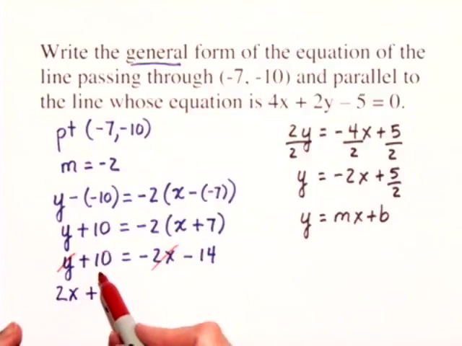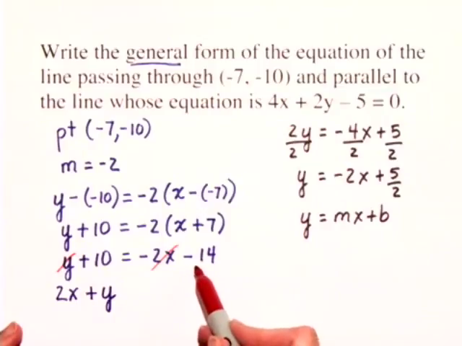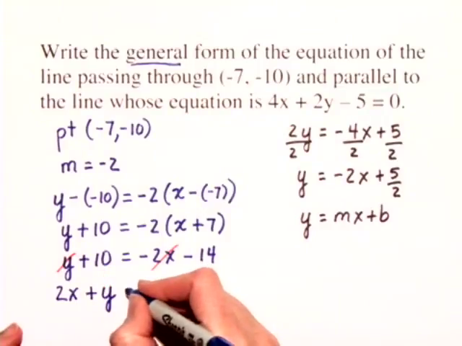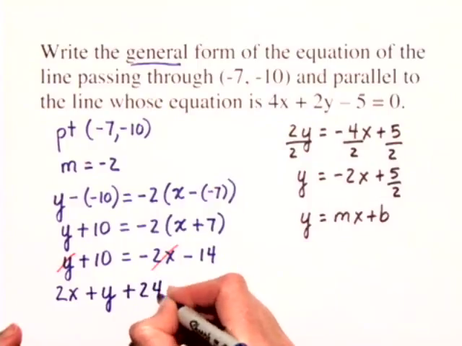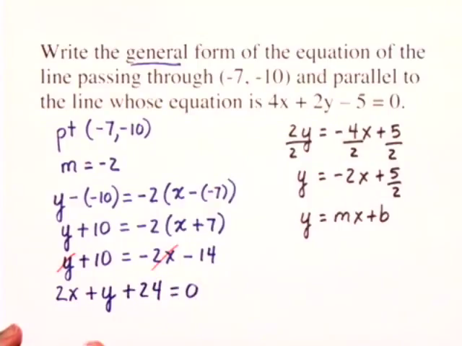And then on the left-hand side I have 10. When I move the -14 over, it becomes positive 14, so 10 plus 14 is plus 24, equal to 0. So we have 2x + y + 24 = 0, and that's the general form of the equation passing through that original point, (-7, -10), parallel to the other given line.